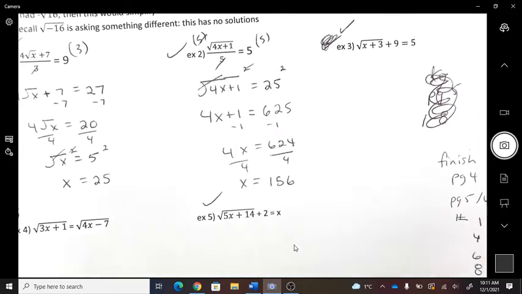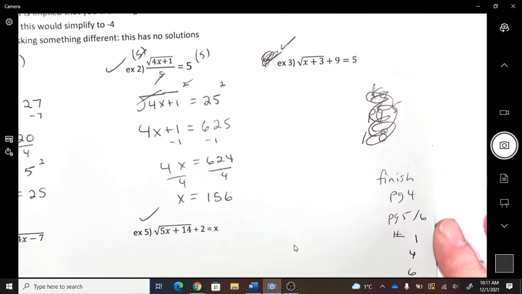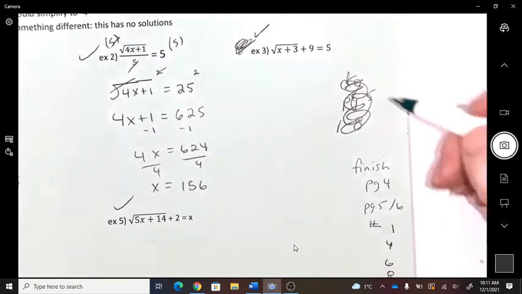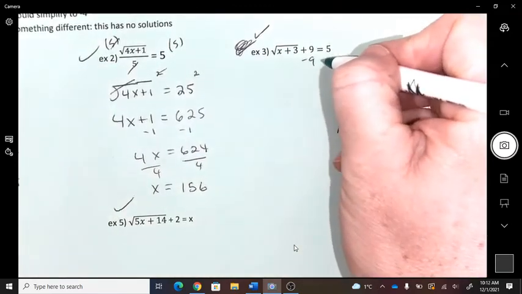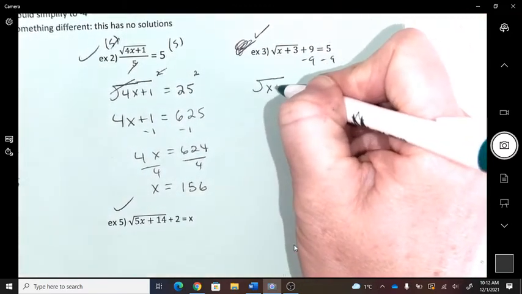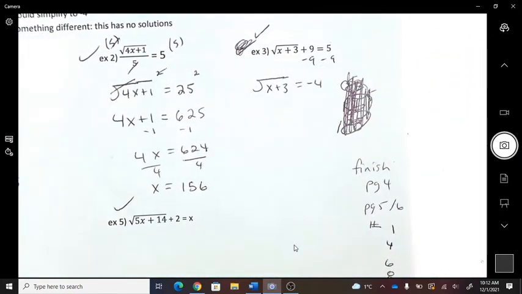Okay, number 3. So what kind of algebra am I going to want to do here? Subtract 9. Actually, I don't need to right now. What do I know? What did we just talk about?